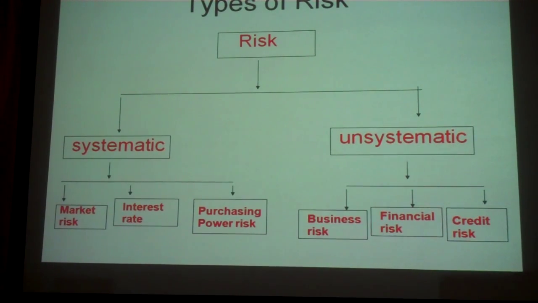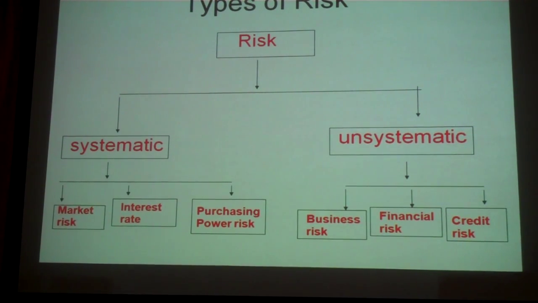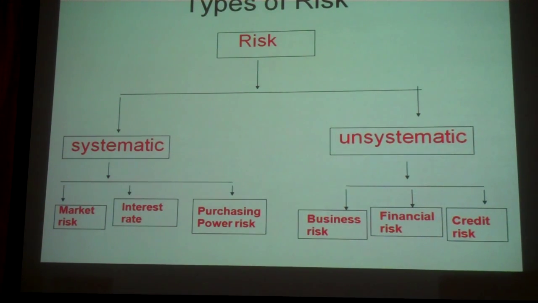What are you when you classify systematic and unsystematic risk? Systematic risk involves considering some parameters, like in our case dependent and independent. So we have certain known dependent and independent factors, and we can take that into consideration and calculate those things. But in unsystematic, there are unknown factors also which may impact these.